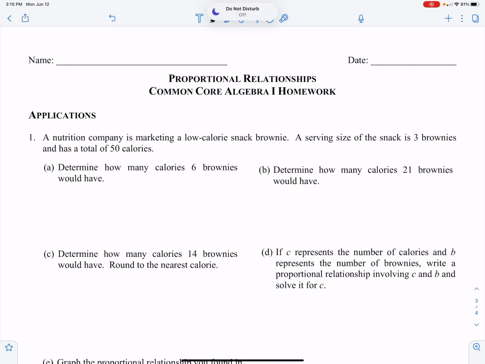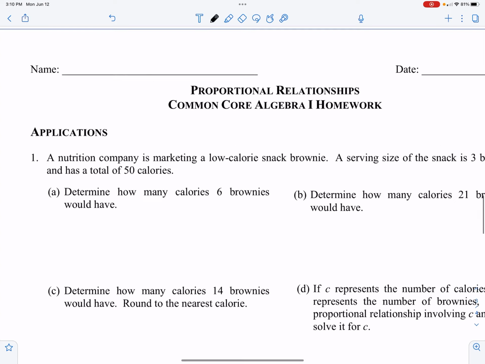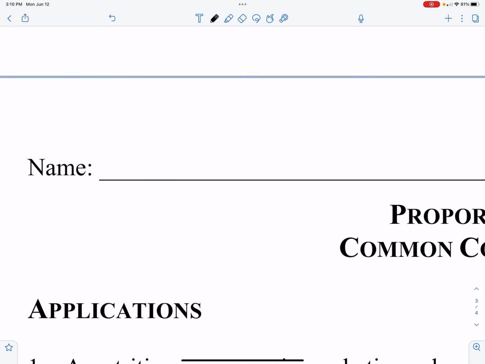To remind yourself, a proportional relationship is one in which two ratios are essentially equal. So if you have one ratio, A over B, equals another ratio, C over D, that becomes a proportional relationship.